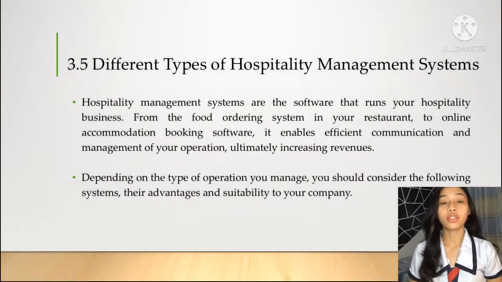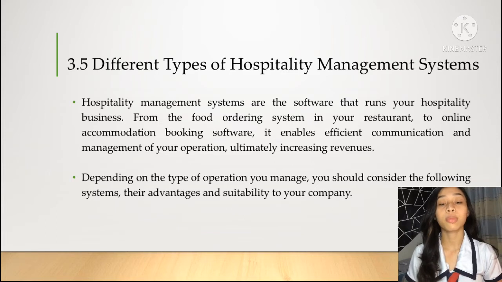So we move on to different types of hospitality management systems. Hospitality management systems are the software that runs your hospitality business. From the food ordering system in your restaurant to online accommodation booking software, it enables efficient communication and management of your operation, ultimately increasing revenues.